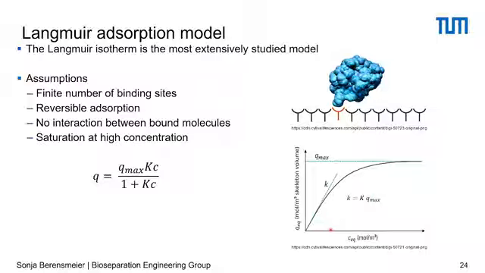If you increase the concentration in your fluid phase, you also will see an increased concentration of the molecules bound in the stationary phase up to a Qmax. So this is when the complete surface, or all the binding spots on the surface, are saturated. Even if you increase the concentration in the fluid, the concentration on the stationary phase will not increase further.